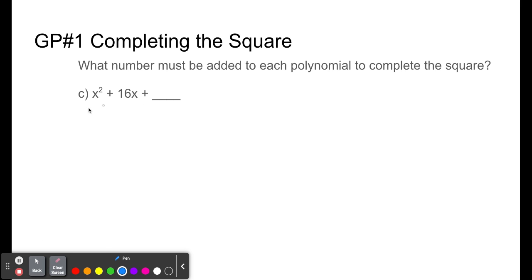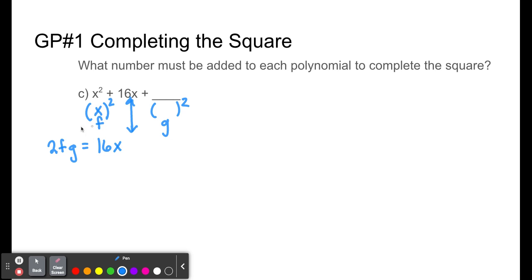Here we have x squared, which is in place of the f. So we know that f is x. Just have to find that g value. So we know that 16x is equal to 2 times f times g.